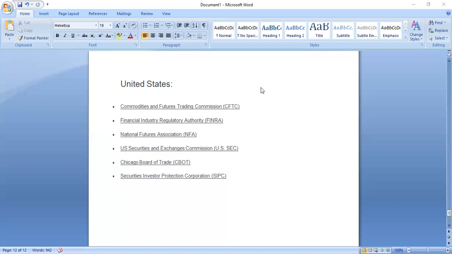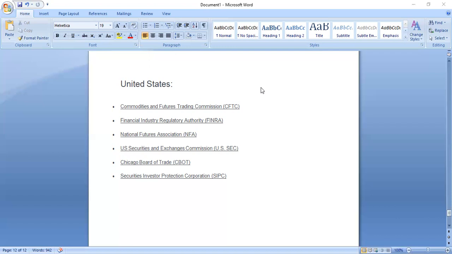Is that okay? So this institution came and started work. Then along the line, other institutions came up, like the Financial Industry Regulatory Authority, which is FINRA. Then another association emerged, the National Futures Association, the NFA.